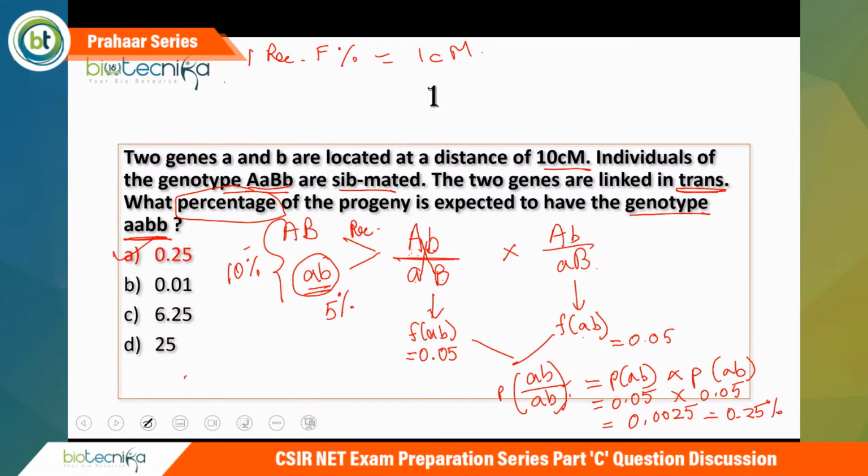So the answer will be option 1. Like this, depending on whatever distance is given, we can do the calculation. Here you just have to find out whether the genotype that is asked for will be created by the recombinant or by the non-recombinant.